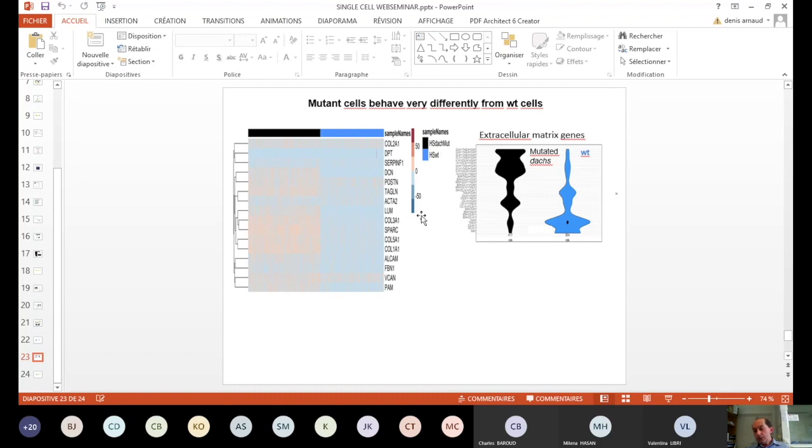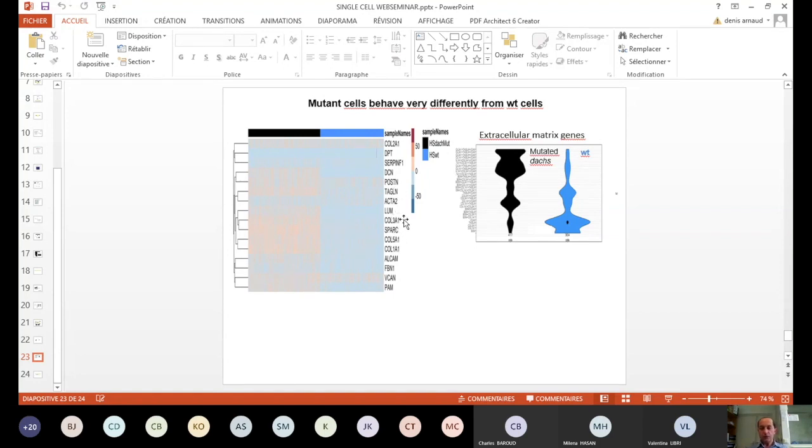So here we visualize different extracellular matrix genes. You see very clearly in these violin plots, or if you look first in the heat map here, again, you have in blue the wild type and at the left the mutated one. And you see different genes, all these genes are genes of extracellular proteins.